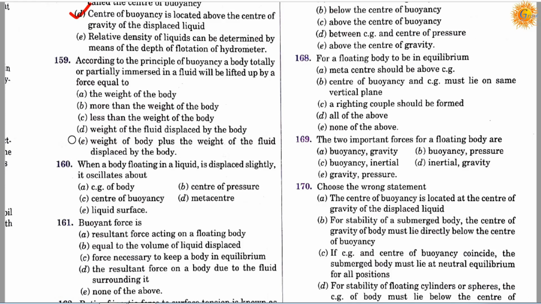So the correct answer is D, weight of the fluid displaced by the body.